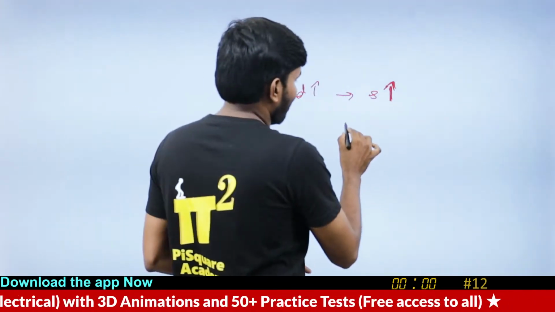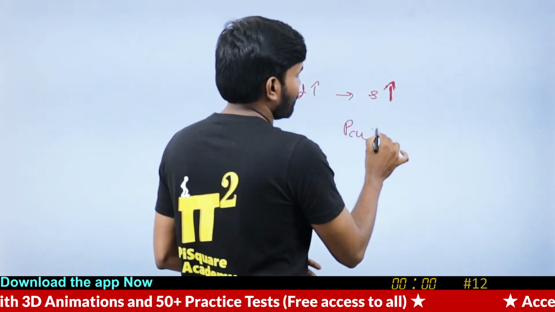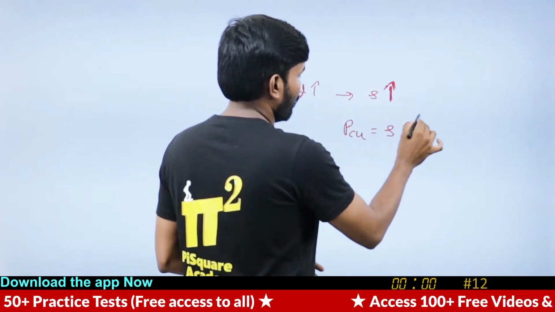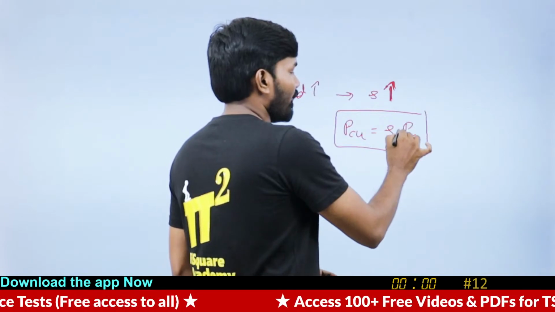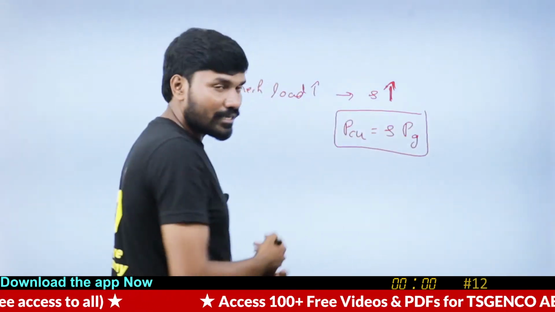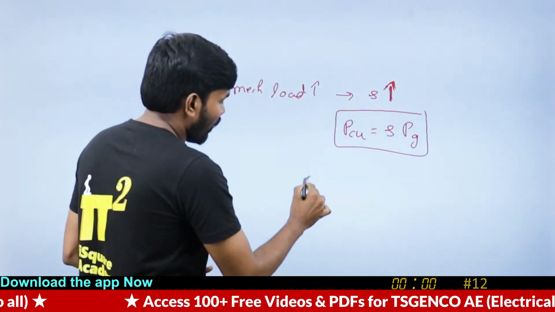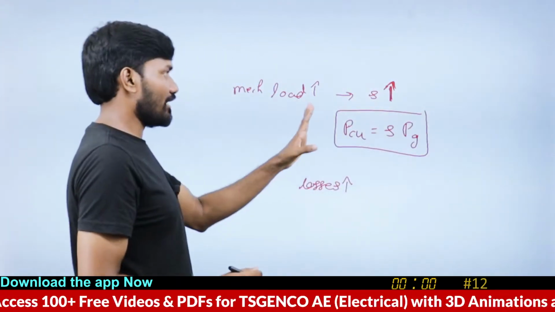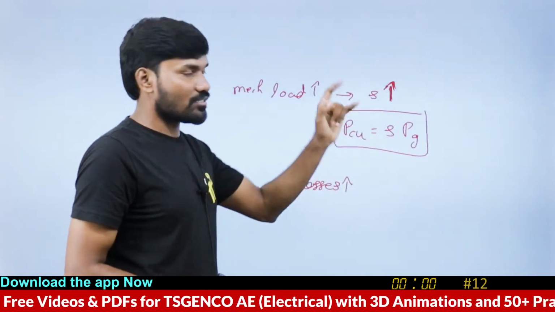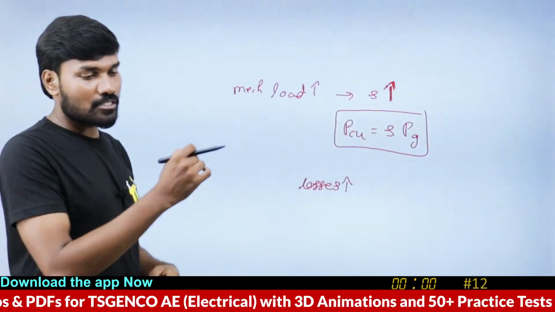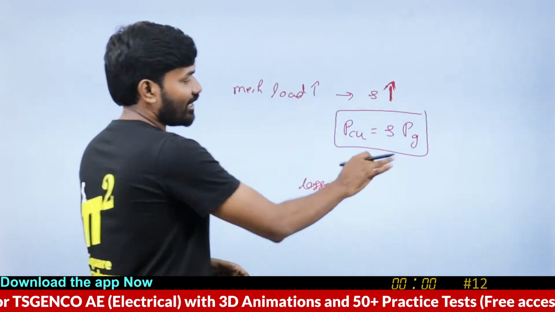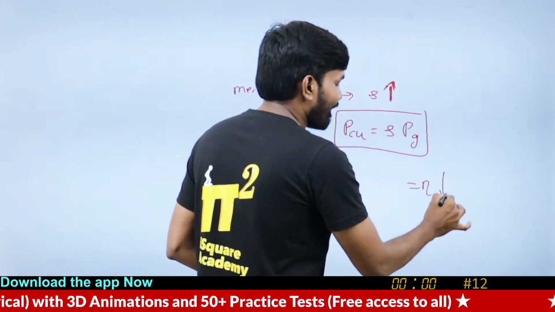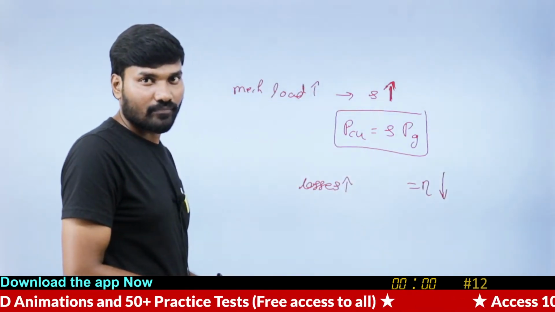If slip increases, copper losses, which are proportional to slip into Pg, increase. You know this relation, right? So losses are increasing. That's true. Mechanical load increases, losses are increasing. Now his point is, if losses are increasing, efficiency should decrease.